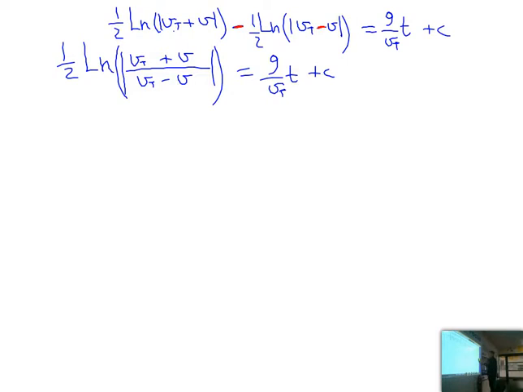Now, what we want to do is start to, we can do 2 things. We can start to solve for velocity, and also we can, or at this point, think about what we're going to do about our initial condition to work out our integration constant c. Okay? So here, what we're going to do now is think about an initial condition on the situation.